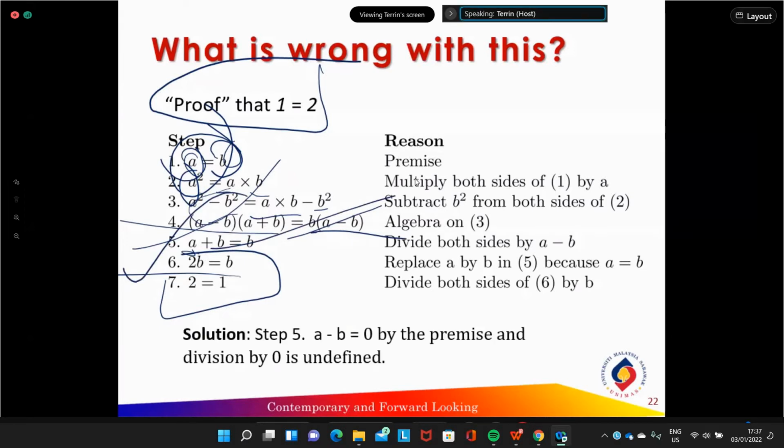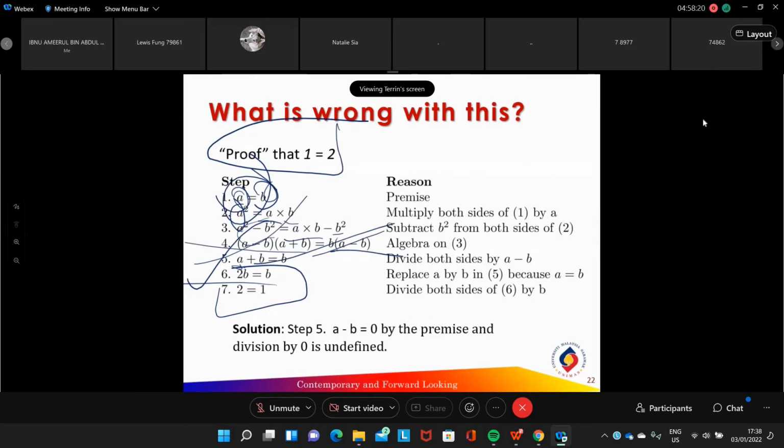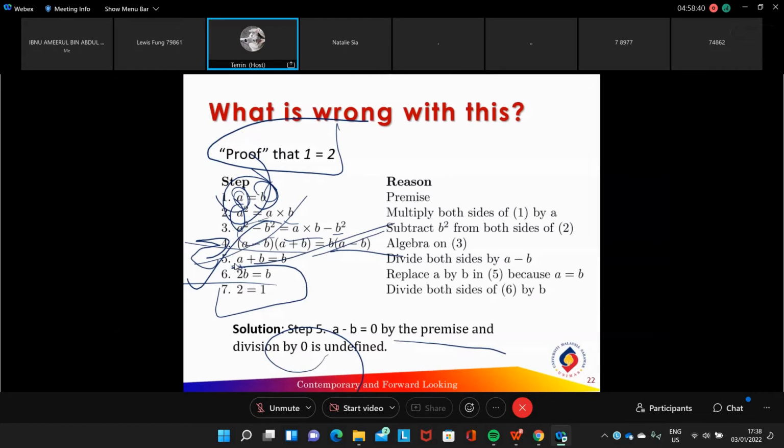So now step 5, a plus b equals b, right? So a minus b equals 0 by the premise, and that's why the simplification for step 4 cannot actually happen, because you're just assuming that you can cancel out the a minus b.